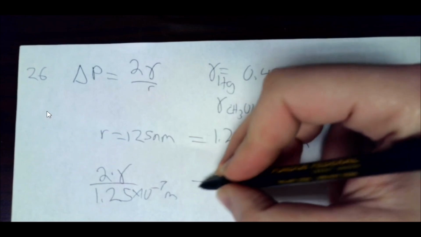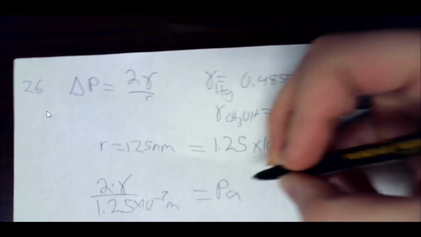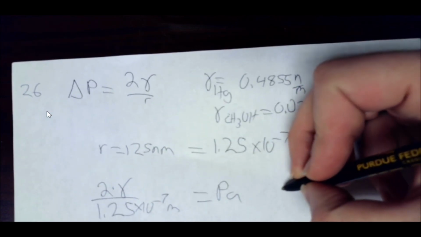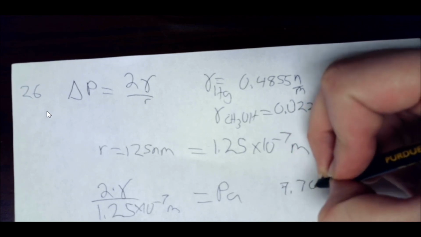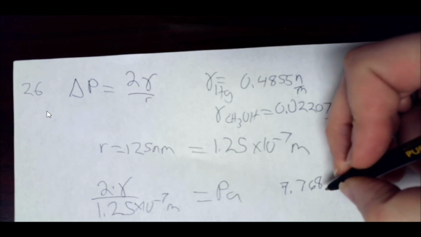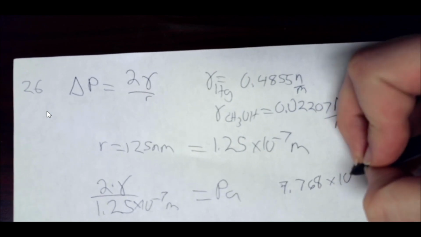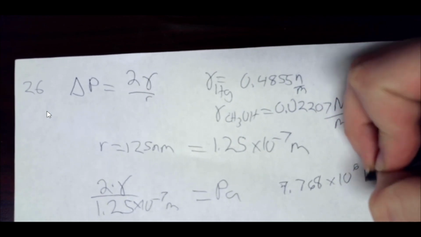You get something like, the pressure for mercury is going to be 7.768 times 10 to the 6th pascals.